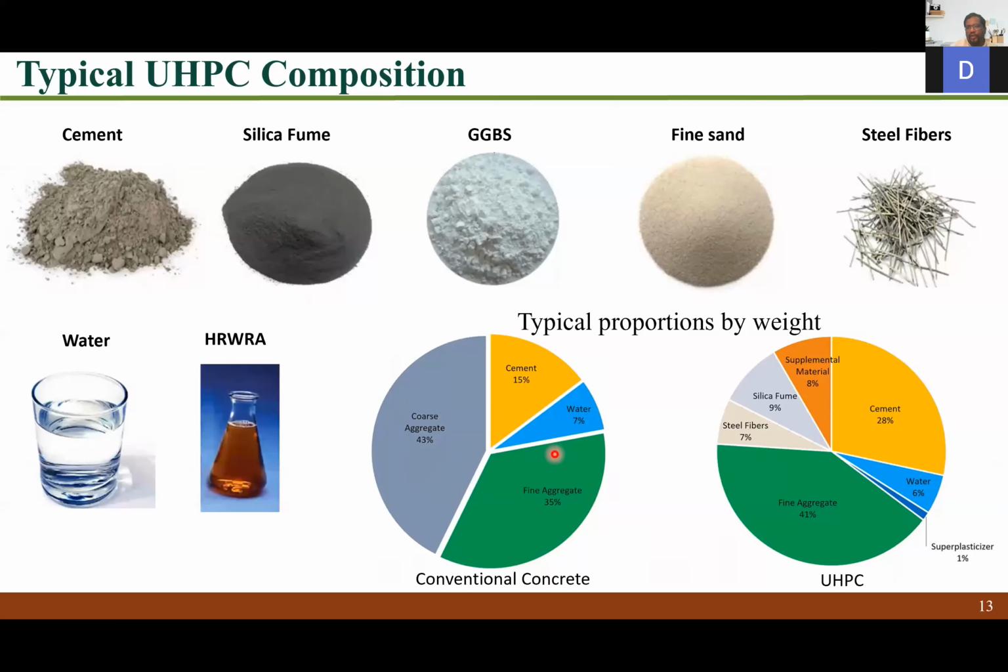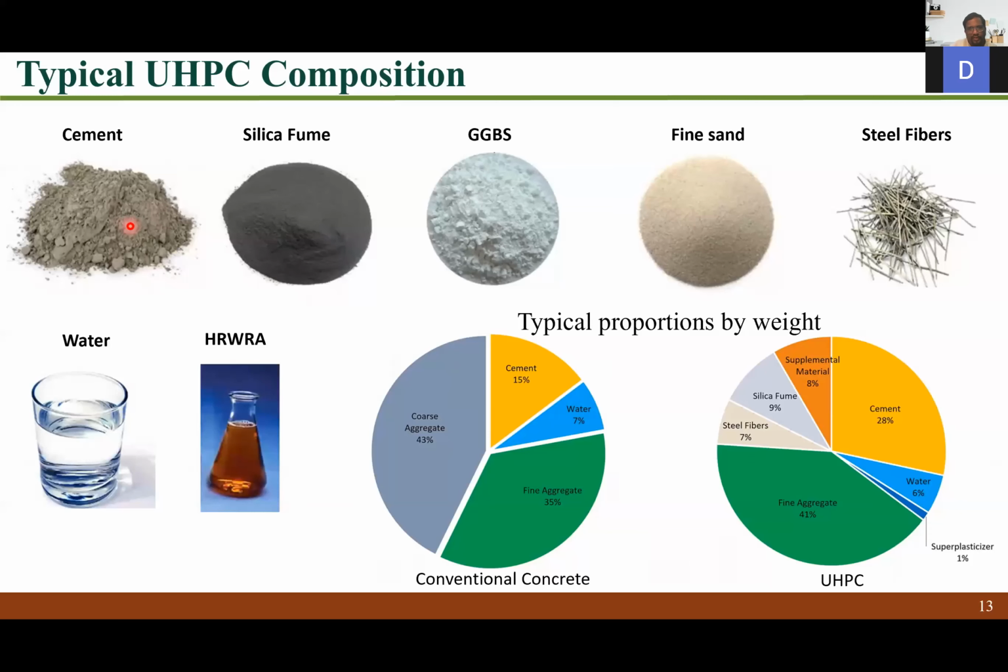But in the composition of ultra high performance concrete, we have completely got rid of the coarse aggregate. Even in fine aggregate, I'm going to limit the size and have gradation. The fine aggregate percentage of weight has increased from 35 to 41%. Somehow I have to account for the weight of coarse aggregate, so it will be replaced by finer materials like cement.